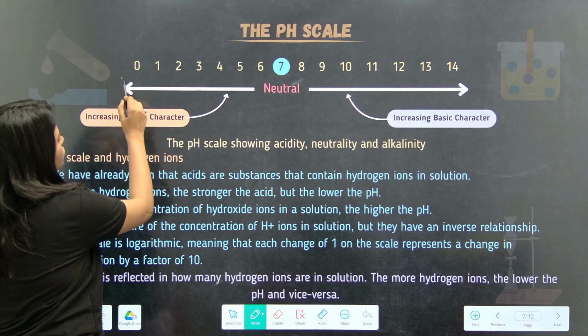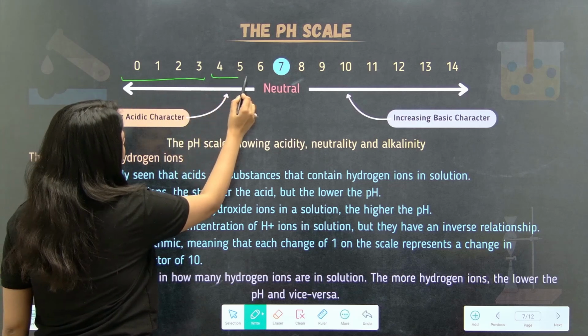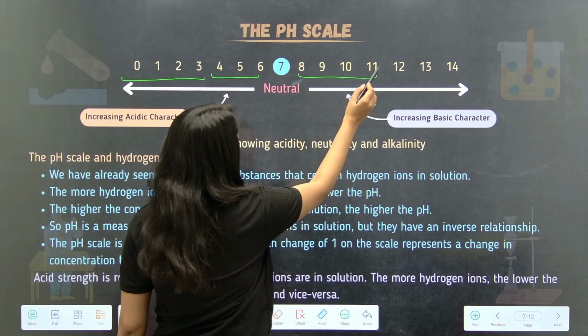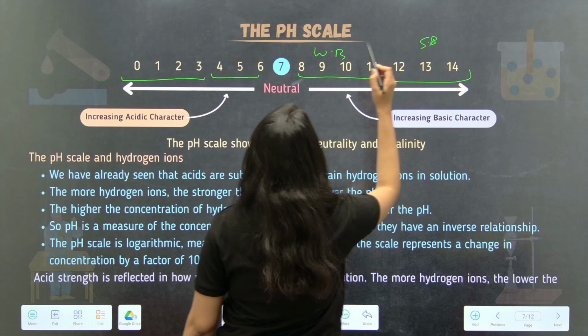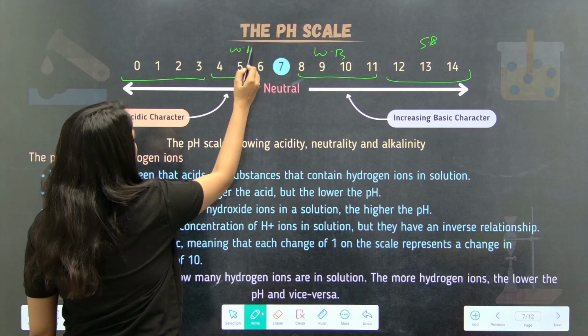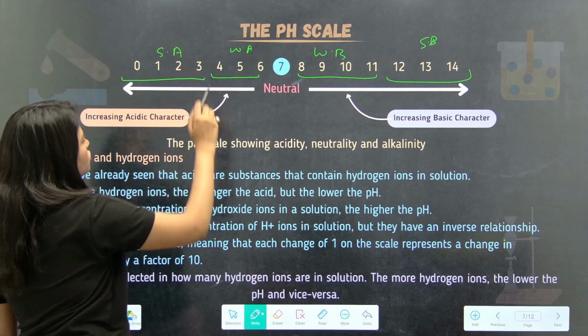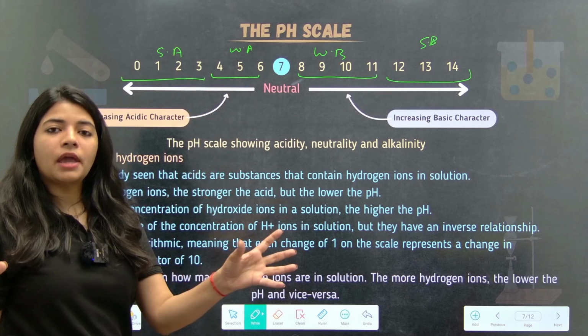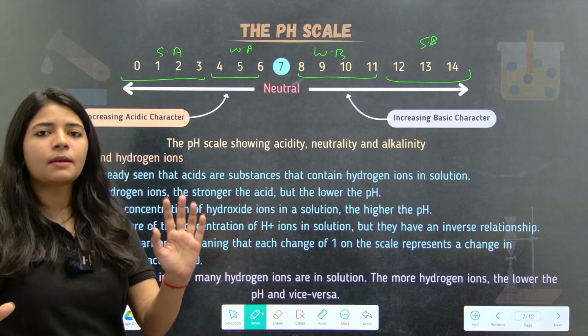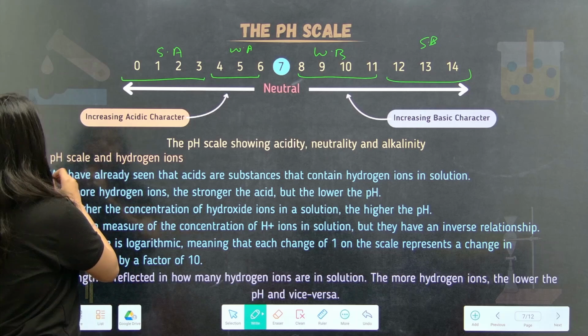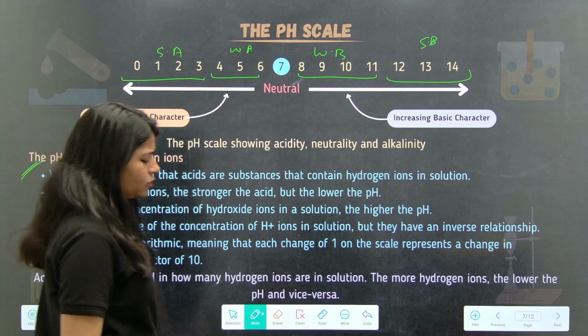So these are the stronger acid values, this is the weak acid value, these are the weak base values, this is the strong base value. So this is a pH scale. You should know that at the extreme ends of the pH scale lie the stronger acids and bases.